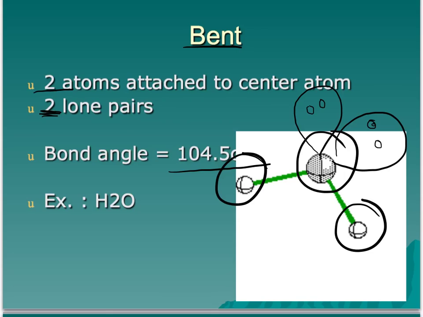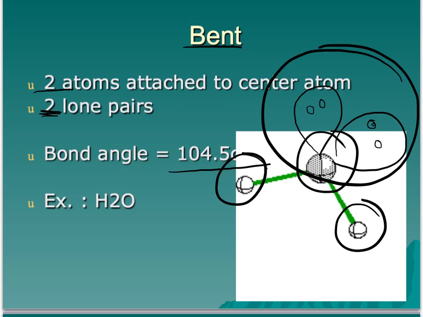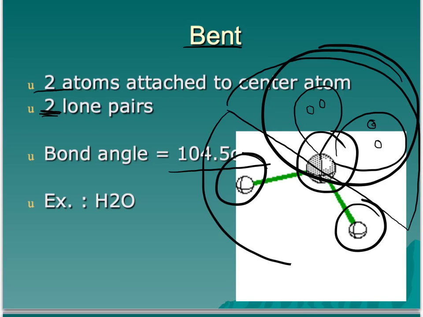And the reason why that angle is a little bit smaller than the one for tetrahedral that we looked at, where it had four things coming off the central atom, is because those lone pairs over there are actually going to be repelling a little bit more. So if you can think about it, this side is going to be taking up more space than this side over here that has the paired electrons and the atoms.